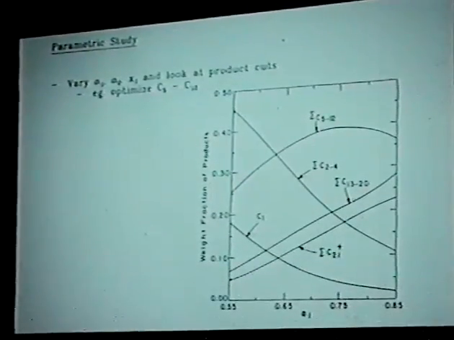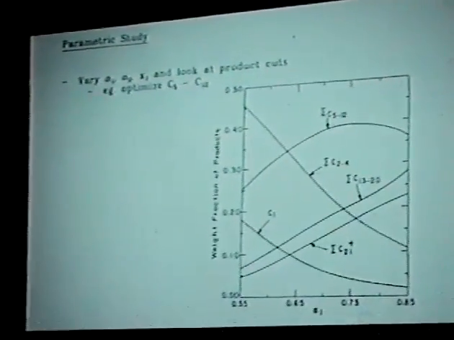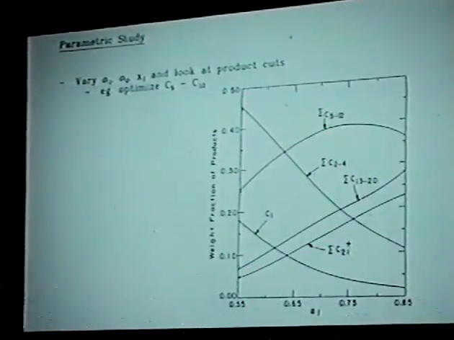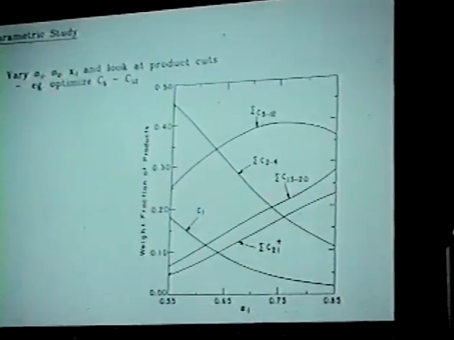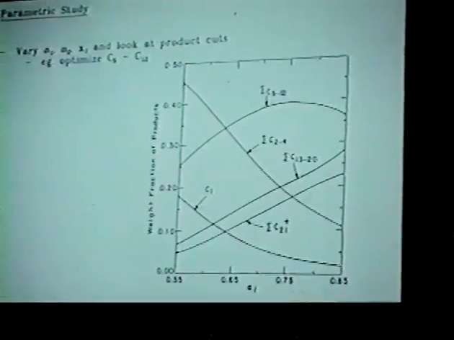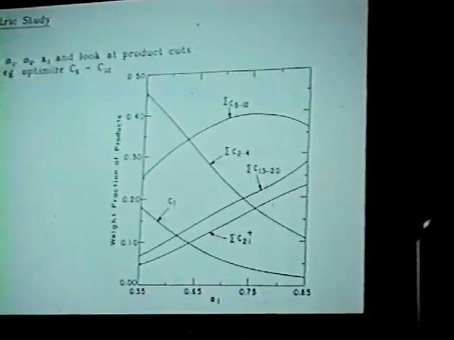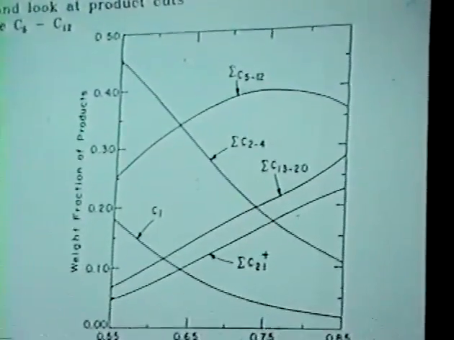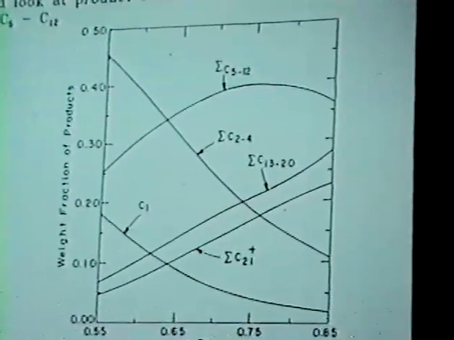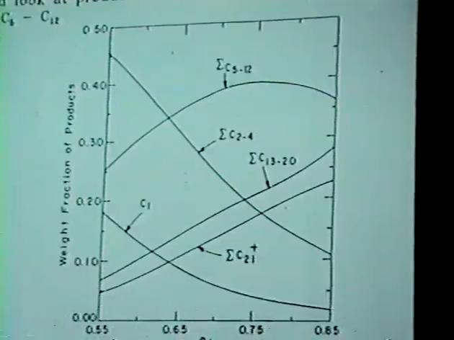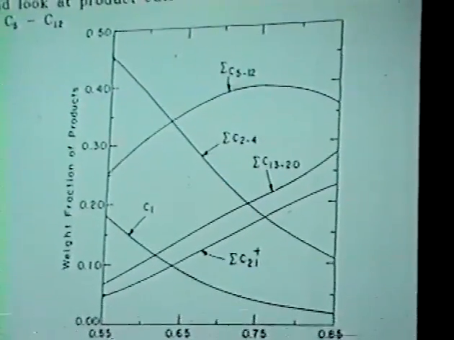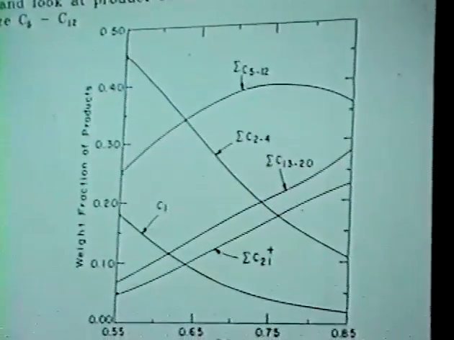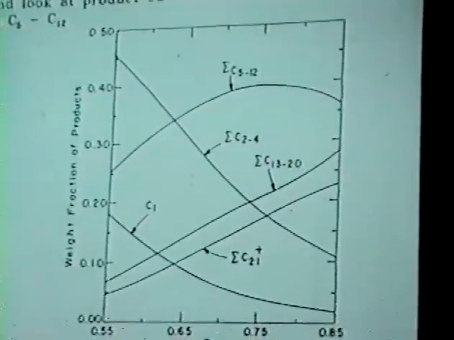Now, I'm going to back off for just a second about throwing out data in the region of curvature and try to get across why it's so important that we know the values of alpha 1 and alpha 2 correctly. We've generated a number of plots similar to this one, and what we've done is parametric studies on our variables alpha 1, alpha 2, and C to find out with what combinations we optimize our yield of whatever products we're looking for, gasoline range products or diesel fuel products.